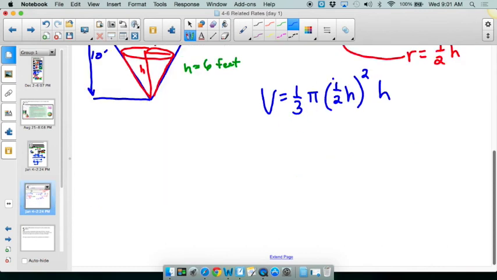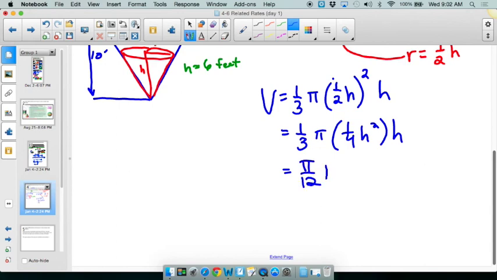When I square that, what do I have? Okay, let's simplify our constants. When we simplify, we've got pi over 12, h cubed.